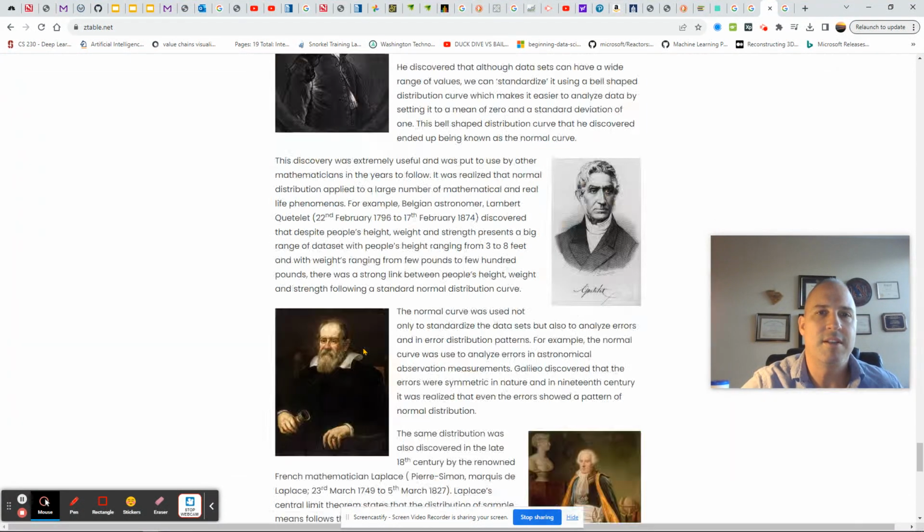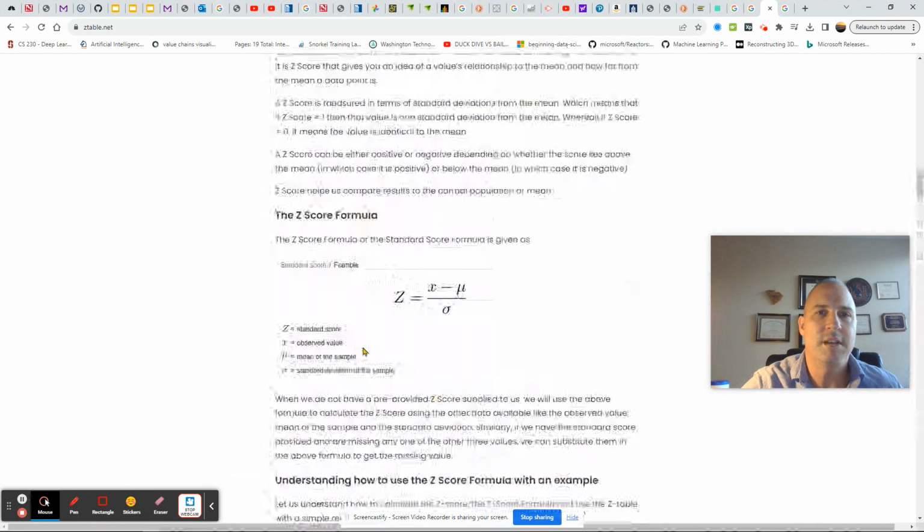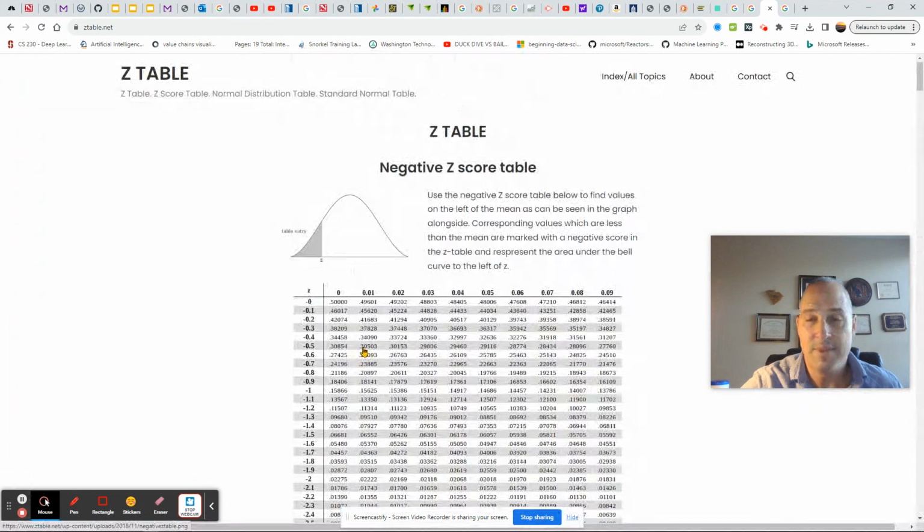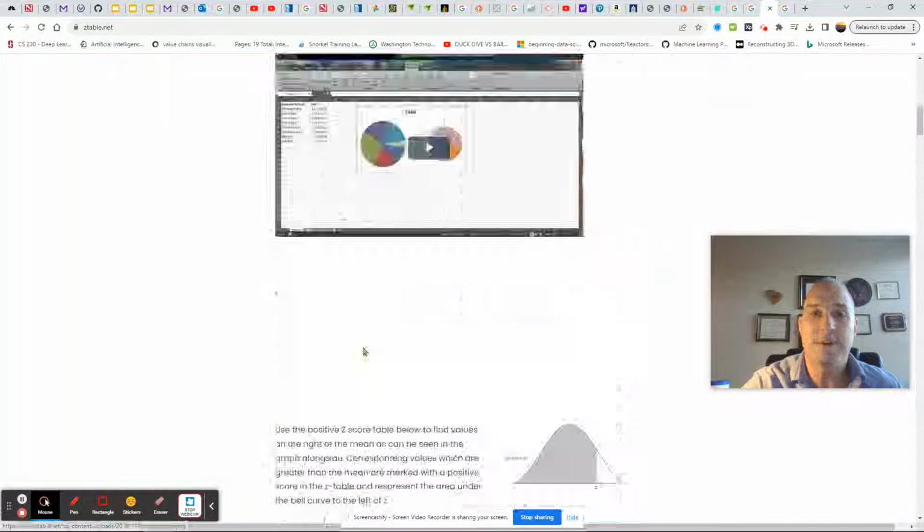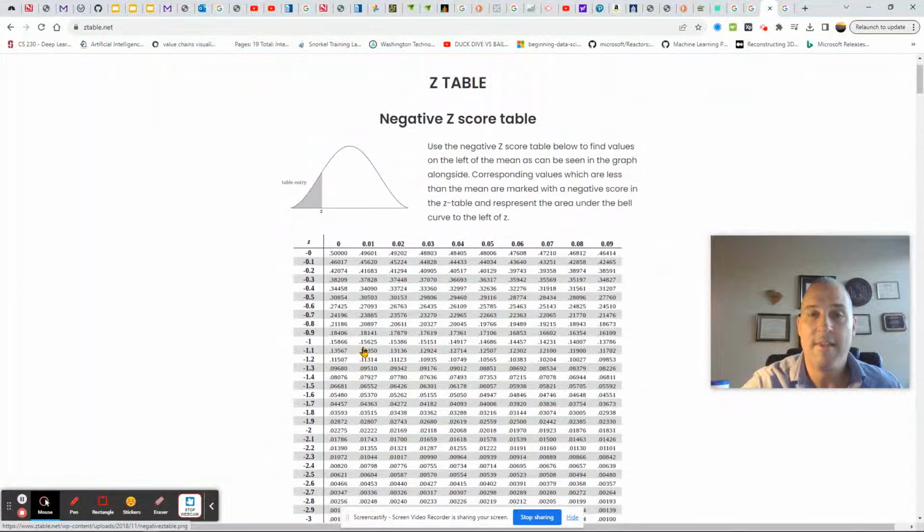Okay, so let's see. I think this is a good reference. I'm going to put a link to this in Wolfden. You're going to need it probably throughout, so keep a hold of this. I will say this: there are two tables you're going to need.